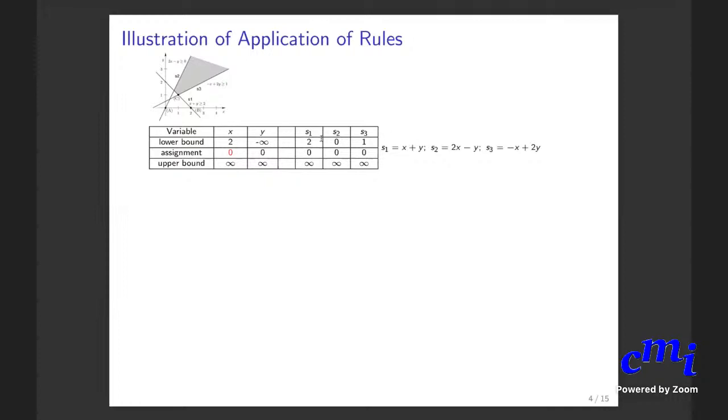Okay. And the other three rows show the lower bound and the upper bound for each of the variables, and the middle row gives the current assignment to all the variables. And the equations in the tableau are described on the right-hand side.